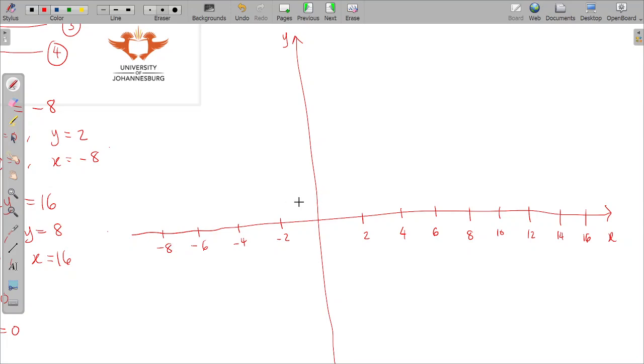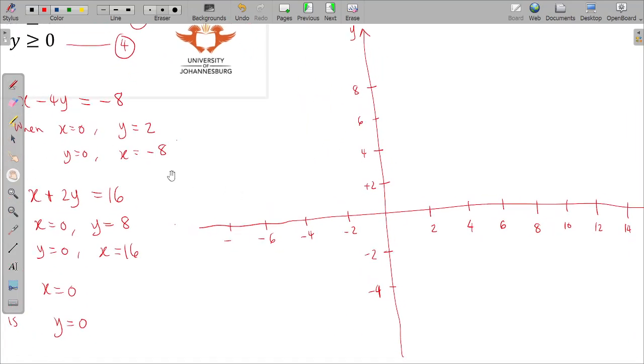For y, the highest is 8, so we can have 2, 4, 6, 8, and negative 2, negative 4. Okay, we can stop there.